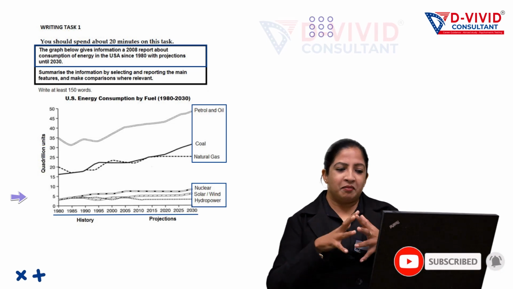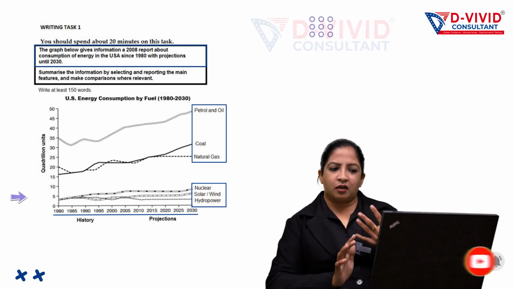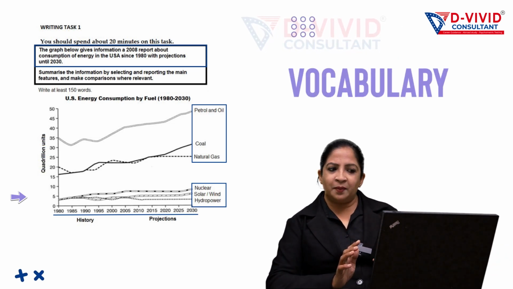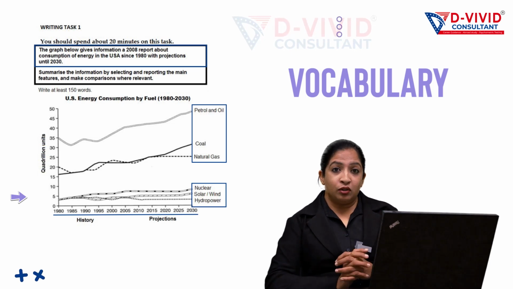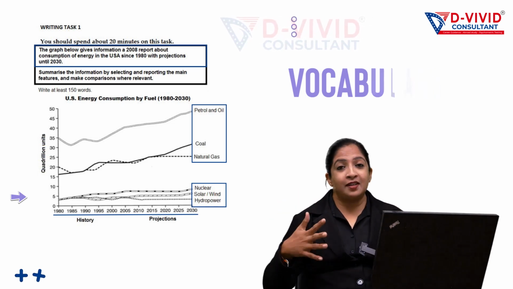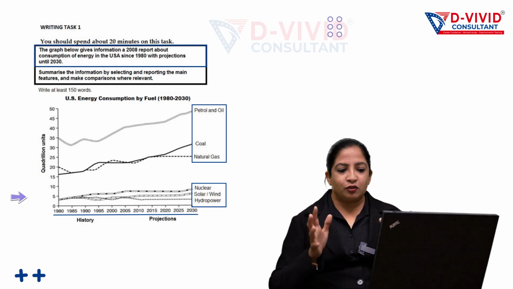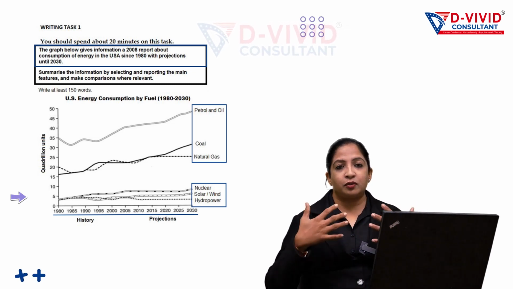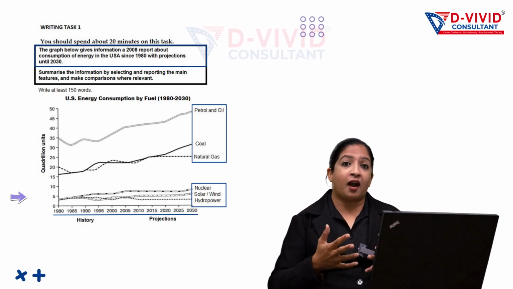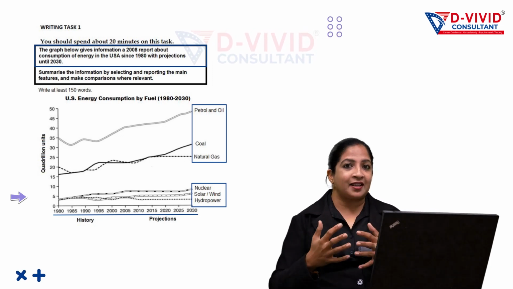Can you guys make out what kind of words or vocabulary I will include, or I have an opportunity? I always say it's an opportunity. So where I can use better words, what opportunity do I have, or this line graph has given me?